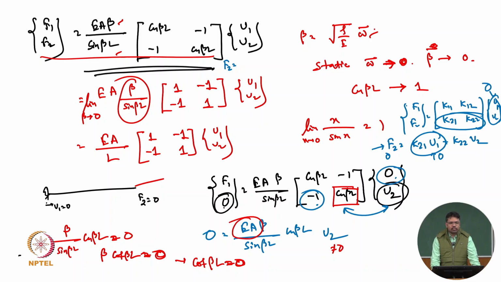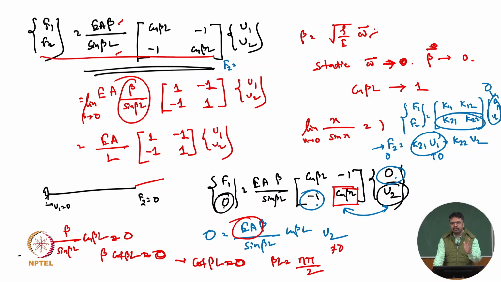What are the general solutions for cot beta L equal to 0? Beta L will be n pi by 2, possible. What is n? An integer.